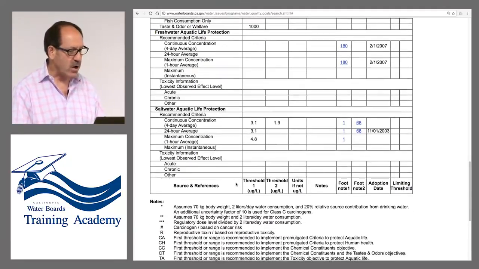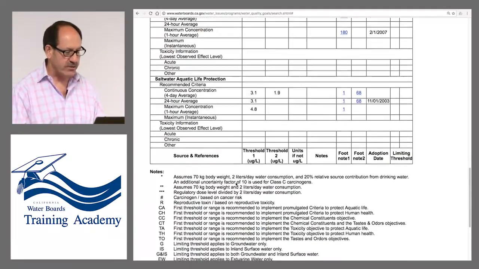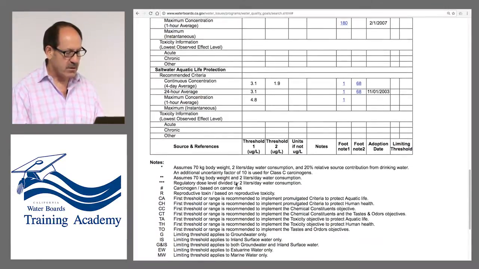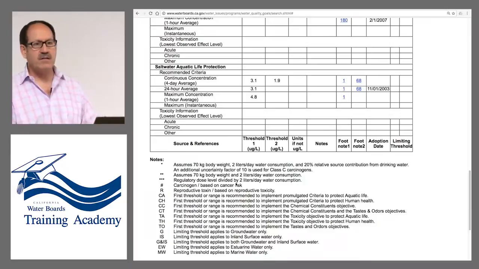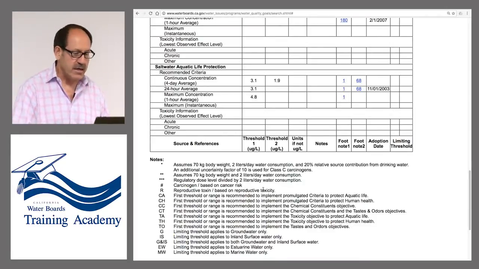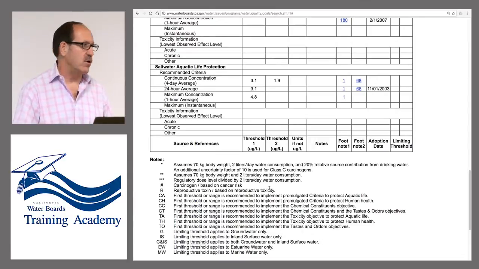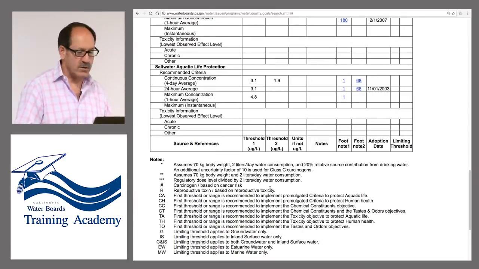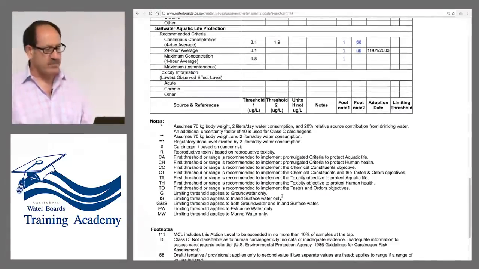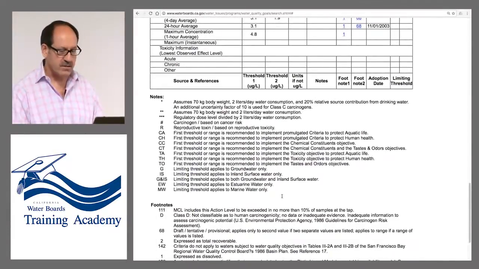And then our saltwater protective aquatic life criteria follow that. And that's the end of the table. Then there are some footnotes. So I've done some of the calculations for you, those toxicology calculations, and I put the assumptions in here as notes. So you know what values I used for body weight, how much consumption, relative source contribution, those kinds of things.